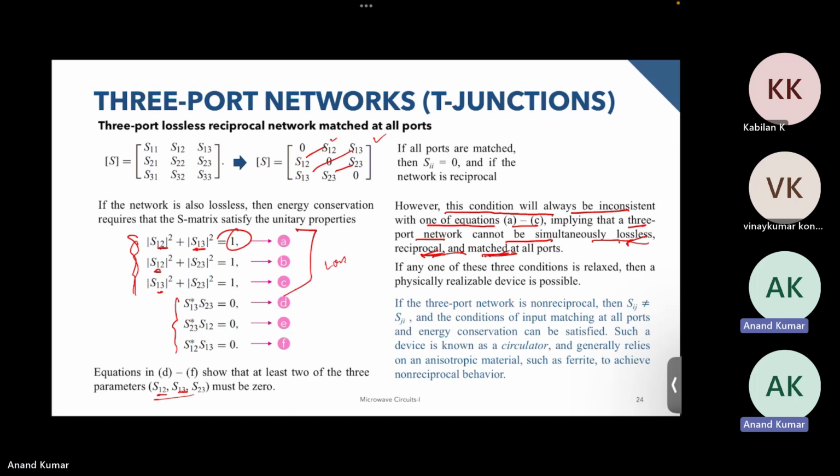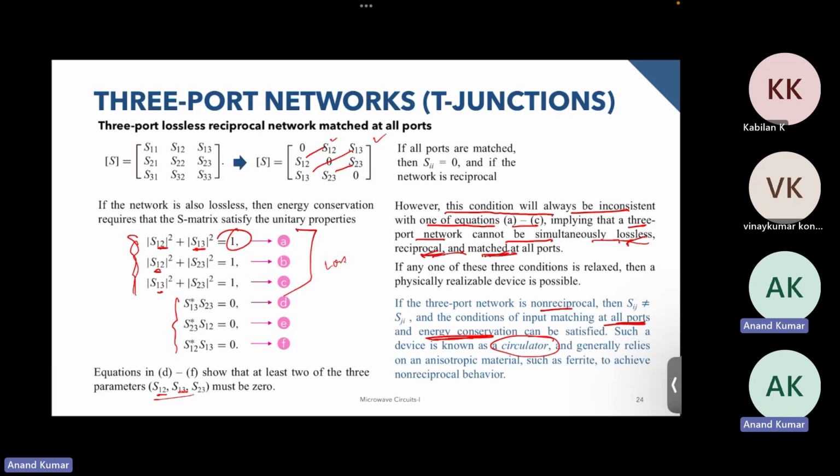And if there is a three-port non-reciprocal network, and the conditions are that all the ports are matched and we have energy conservation, that is, it is lossless, then such a circuit is called a circulator. We'll see this in the next slide. We'll design a circulator.